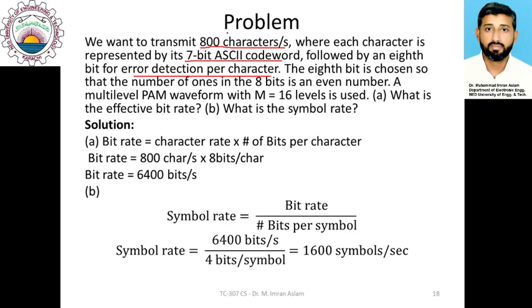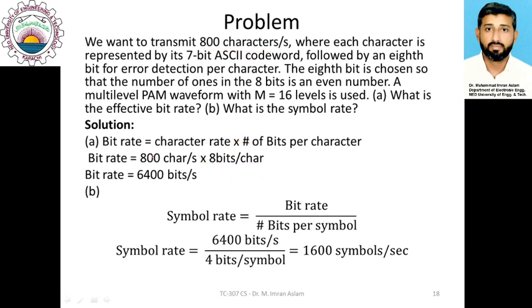So whenever we transmit one character, we need to transmit the 7-bit ASCII code plus one additional bit for error detection purposes. That means one character would be represented by 8 bits. So the number of bits needed per character is 8, and we want to transmit 800 characters per second.